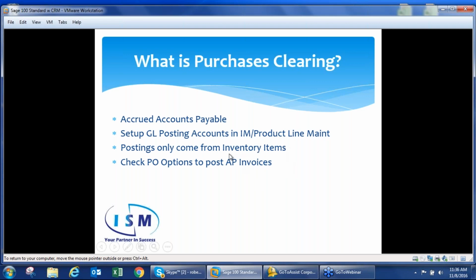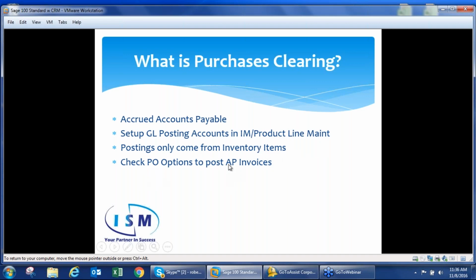However, any of those miscellaneous items are not going to hit the purchases clearing account in the same mechanism that our inventory items do. So postings to the purchases clearing accounts that we set up in product line maintenance only come from inventory items that are processed through PO.